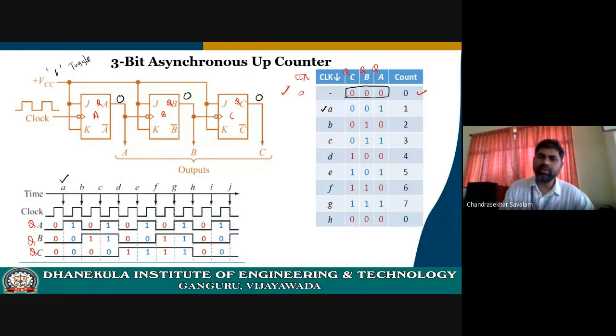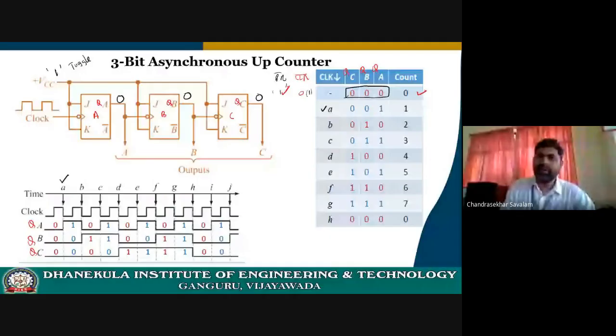Then all the outputs forcefully go to 0. Then this is changed to 1. So now clear is not active, and preset is also not active. Now the output depends upon the clock. Take the A flip-flop. Now you tell me what is the output of flip-flop A?